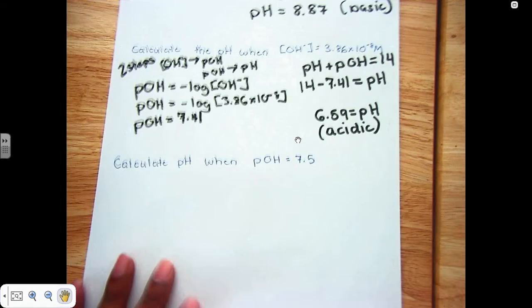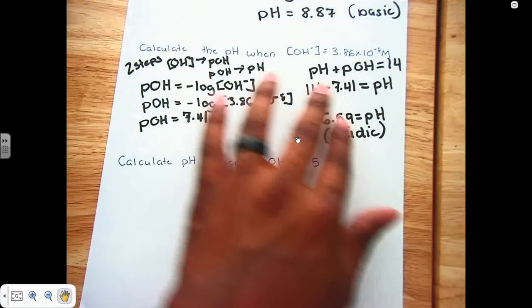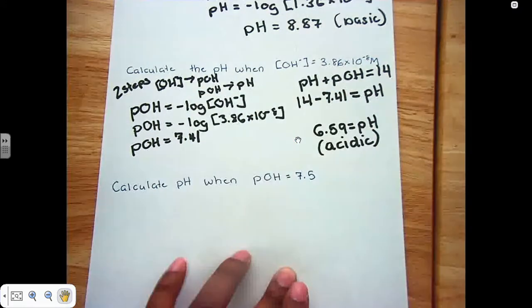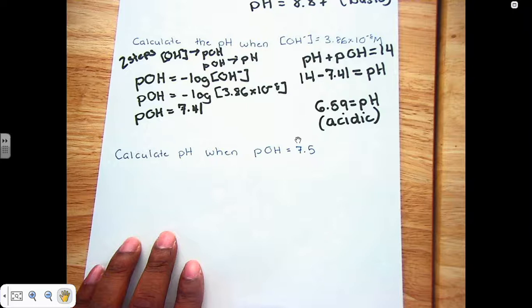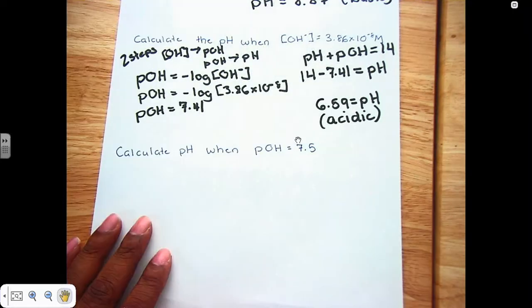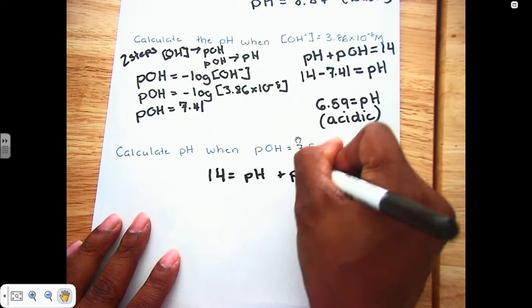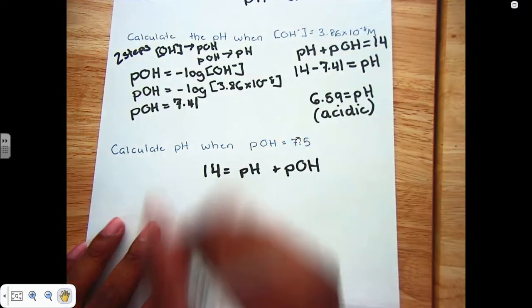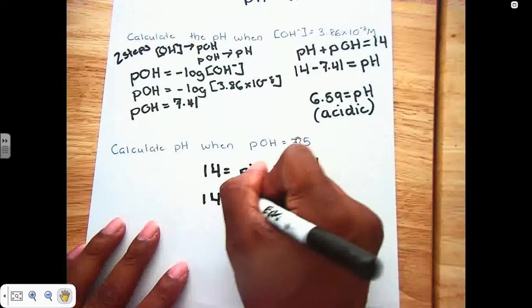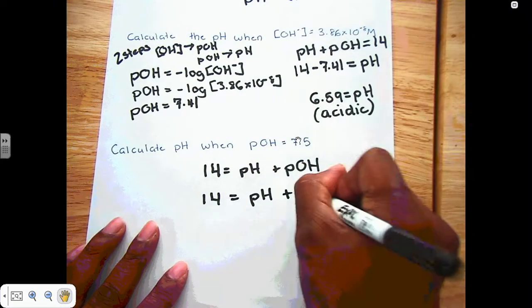Now, the last one is a simple one, and I almost feel like this one should have been the first one. But here we are given a question where you're given your pH and they want you to find your pOH. And like I said, 14 is equal to your pH plus your pOH. So if you know that, that means that 14 is equal to pH plus 7.5.